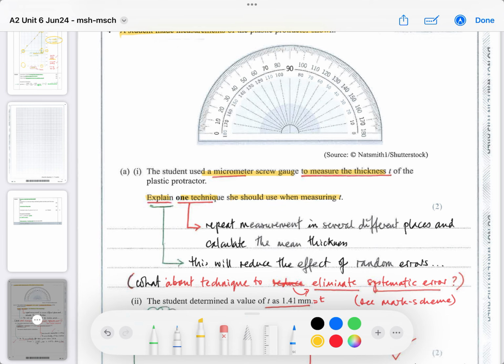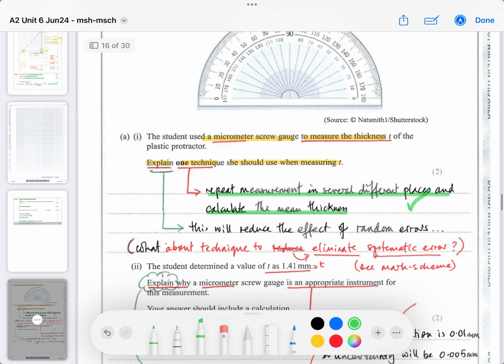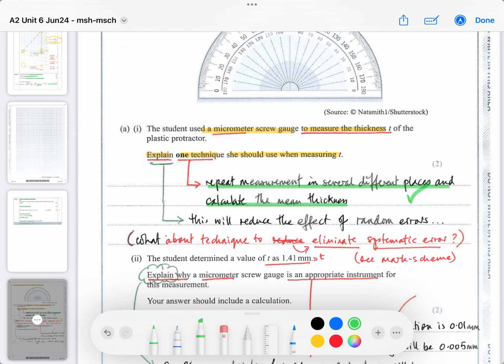Okay, well, you want to repeat your measurements with the micrometer in several different places. Okay, and calculate the mean thickness. That's always going to get you towards the mark scheme. Why do you do that? This will reduce the effect of random errors. Okay, so you do it in several places.